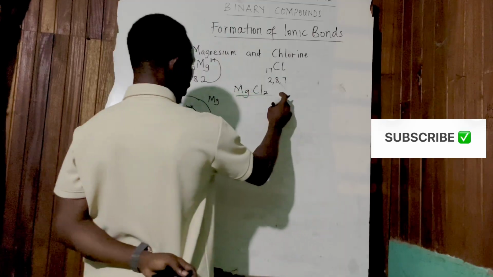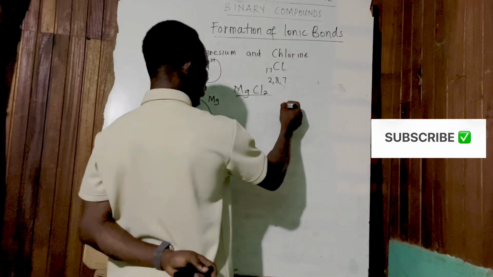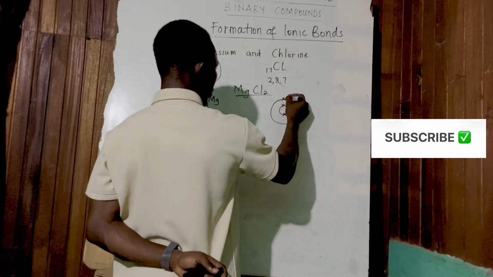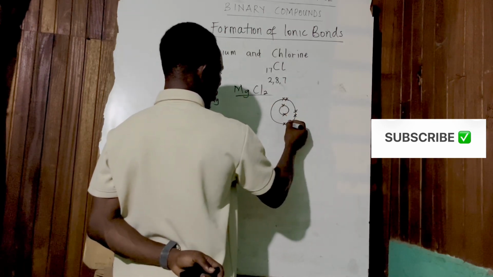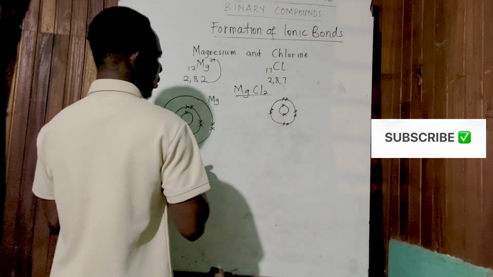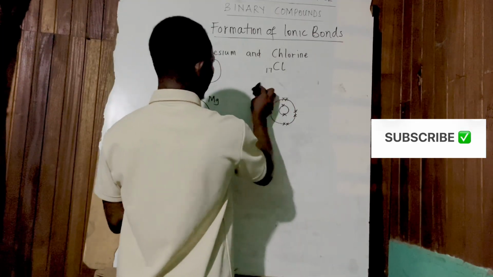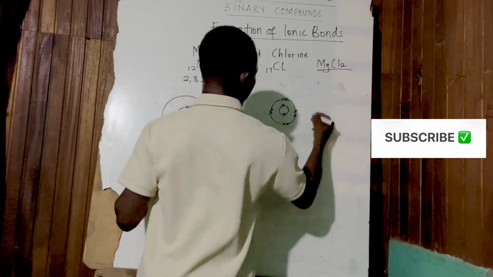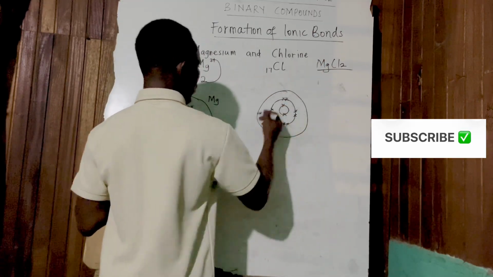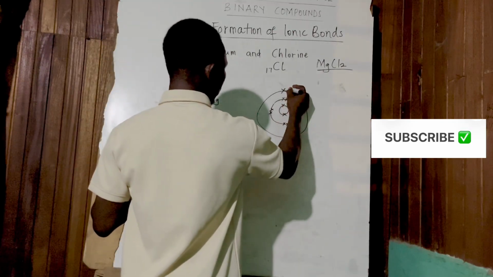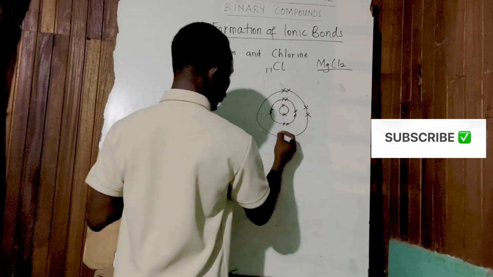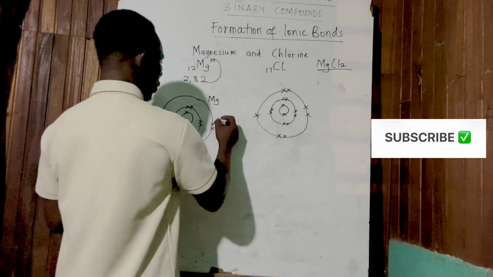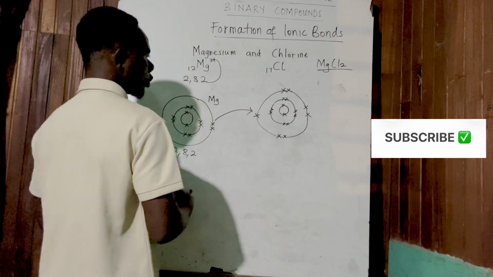So let me draw the first one up, the next one down. 2, 8, 7. Left with how many? 1. So it is going to donate 1 to this.